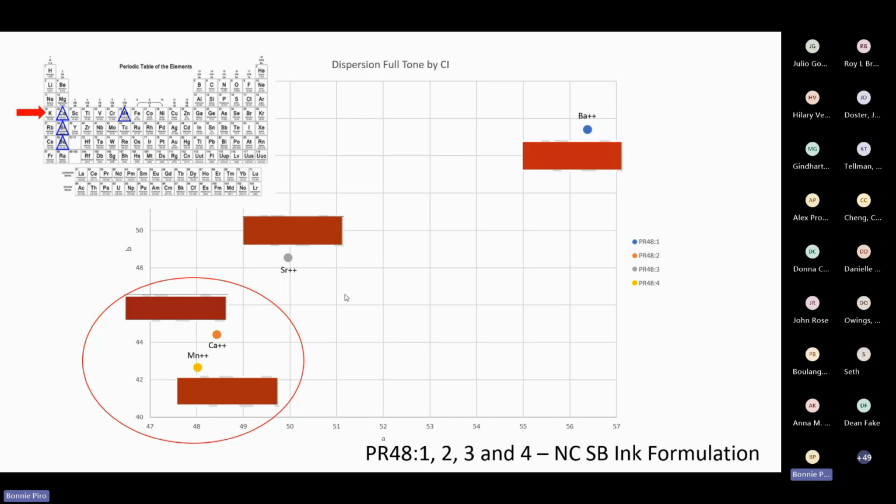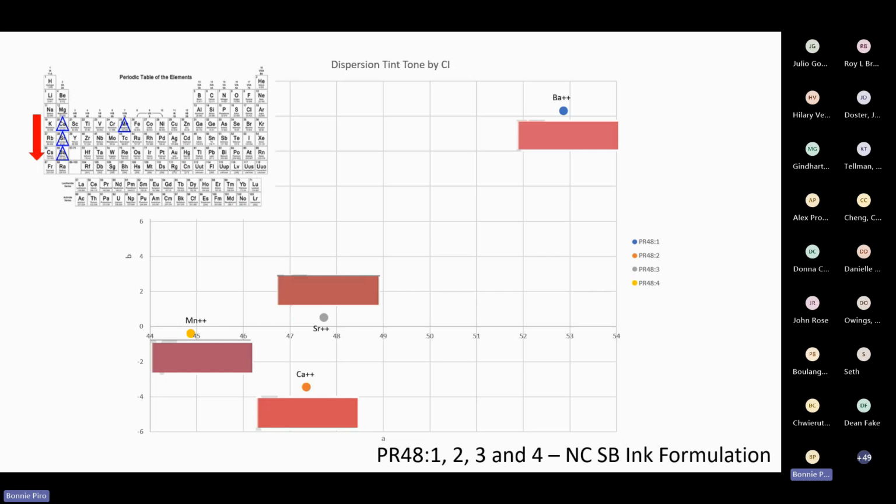And interestingly enough, again, this 48.4 positioning is even further to the greener side in the inks formulation versus the coatings formulation, which was over here a little bit, and the plastics formulation was a little bit over here as well.